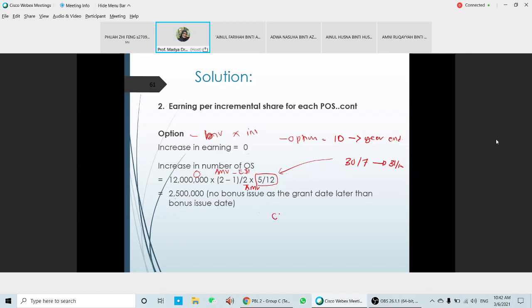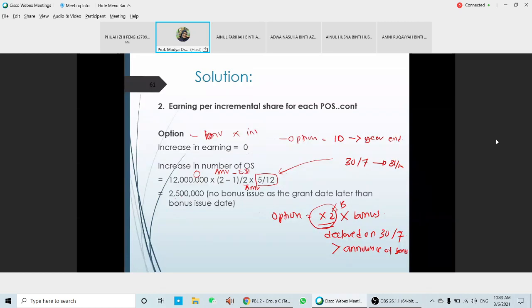For options, there is no times 2, which is the bonus. The option is not entitled to a bonus because the option was declared on 30 of July, which is after the announcement of the bonus. It means they did not exist when the bonus was declared, so you don't need to multiply for the bonus.